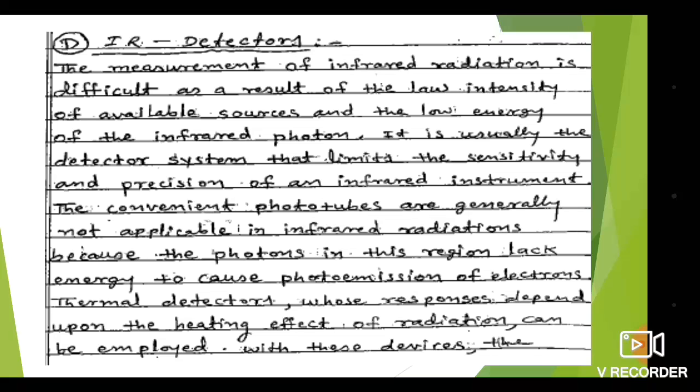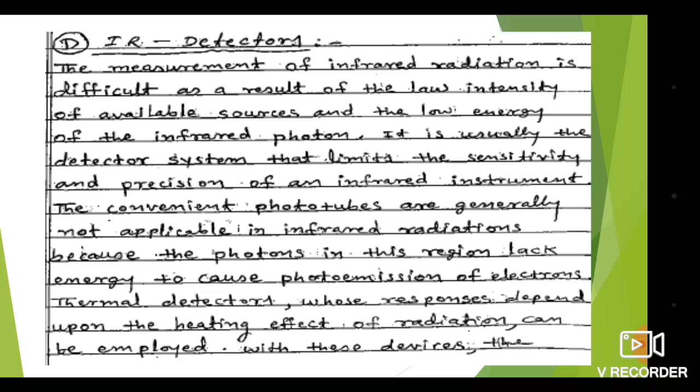It is usually the detector system that limits the sensitivity and precision of an infrared instrument, due to the low intensity.